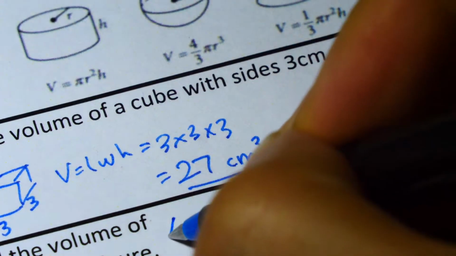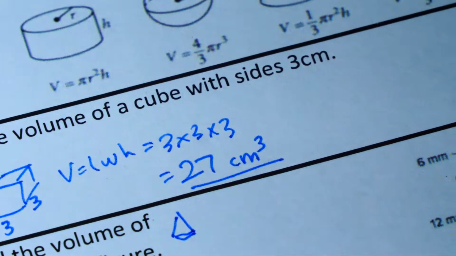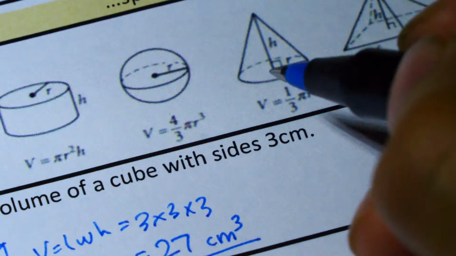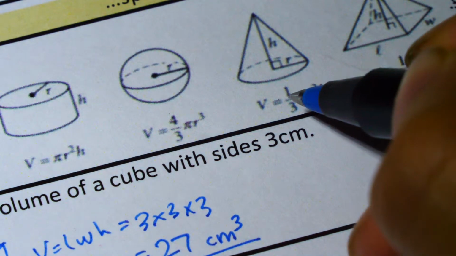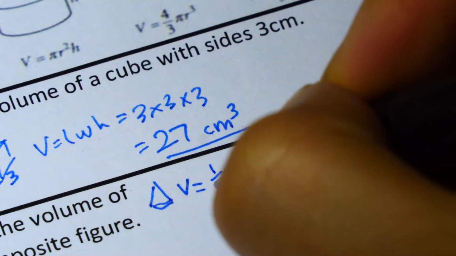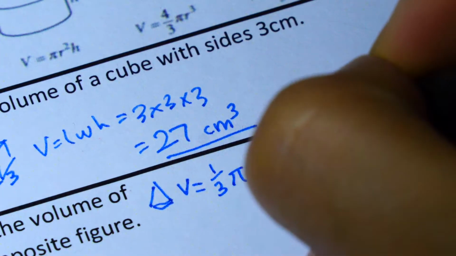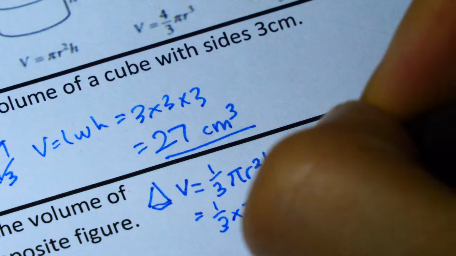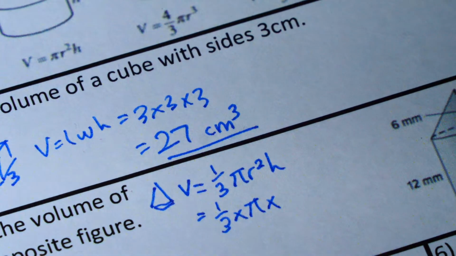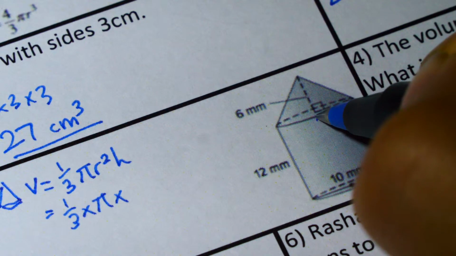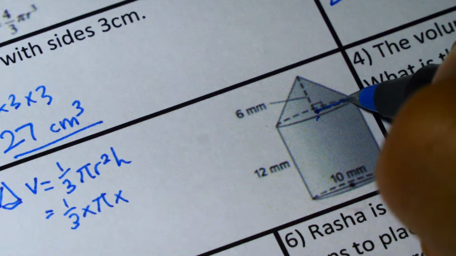The cone: we have volume equals, and we can use this equation here, a third pi r squared h, which is a third times pi times r squared. Well, r is from here to here.